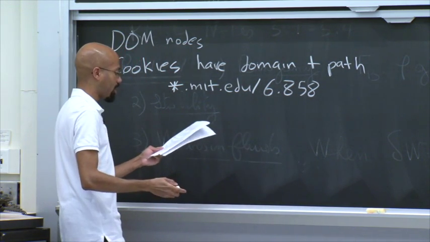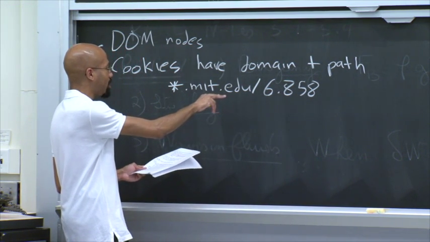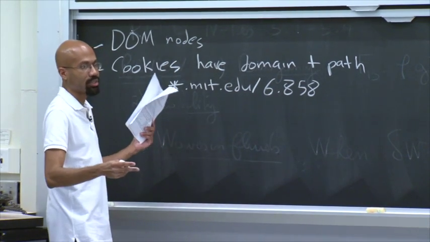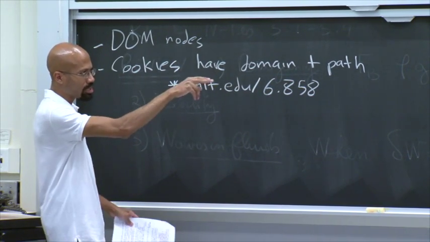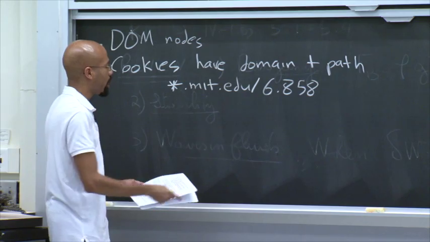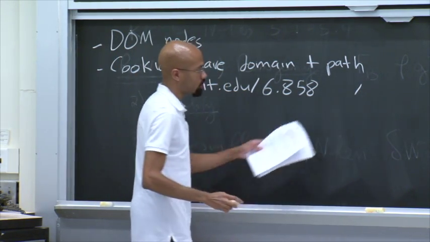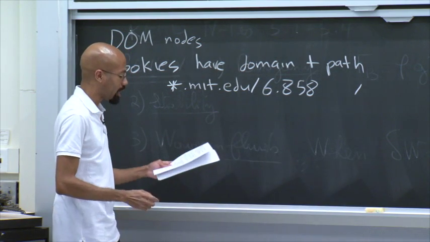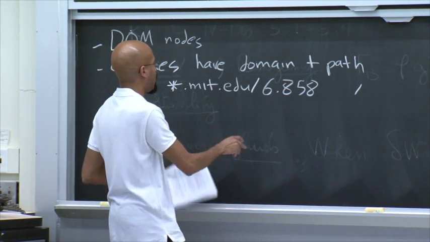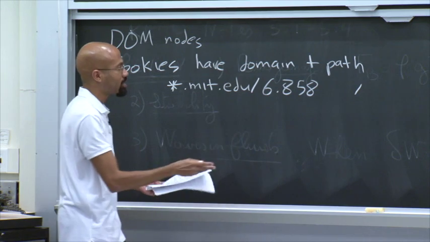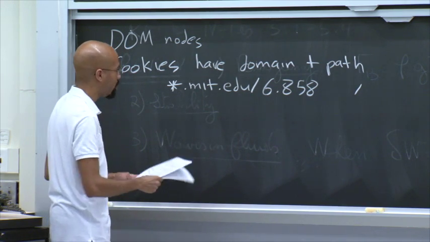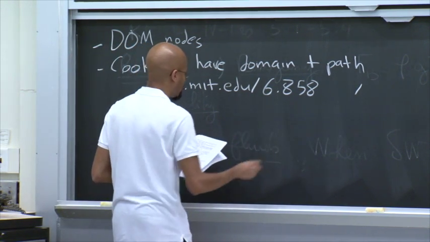Note that this domain can possibly be a suffix of the page's current domain, so you can play somewhat similar tricks as we had over there. And note that this path here can just be set to the slash with nothing else there, which indicates that all paths in the domain should be able to have access to this cookie. But in this case, we actually have one of these non-empty paths.